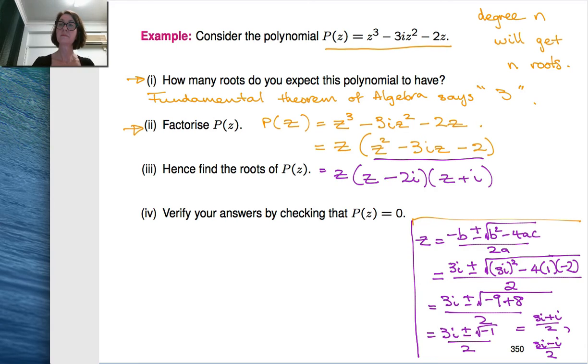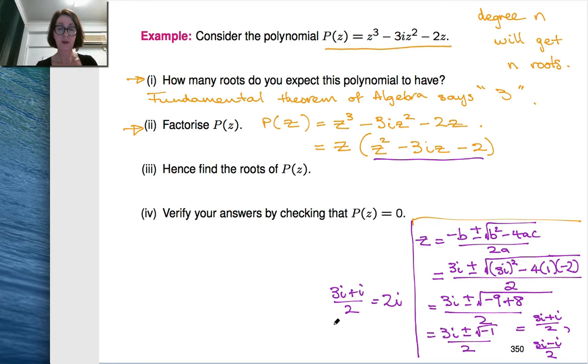Okay? So we can just simplify this a little bit. I'm just running out of room here. So 3i plus i on 2 is just 2i. 3i minus i on 2 is equal to i. So the factors here are going to be z staying out the front, then z minus 2i and z minus i.